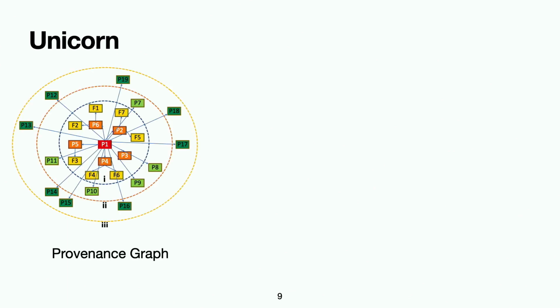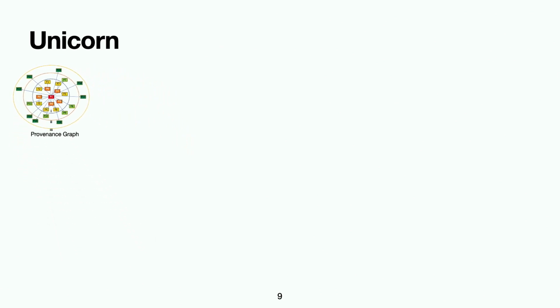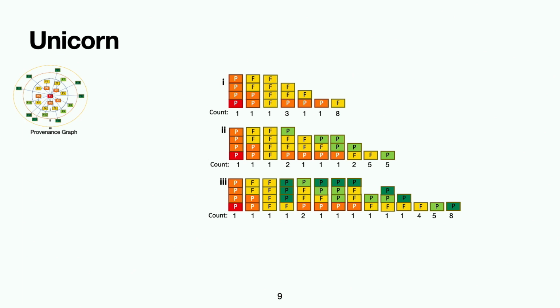Unicorn is a Prov-IDS that deconstructs a graph by looking at the k-hop neighborhoods around each node in the graph. Take, for example, this provenance graph. Here, a possible substructure could be the one-hop neighborhood around P1. Because Unicorn is a temporal-based system, it takes fixed time interval snapshots of the graph as it grows.